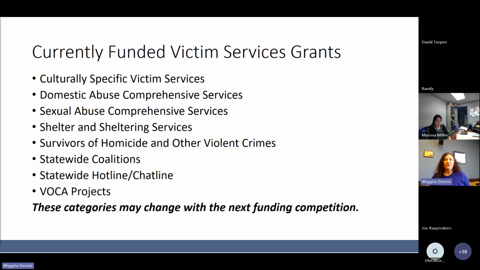Then our currently funded victim services grants. Again, one long RFP, and then it's broken down with all these different application types. Culturally specific programs are grants that are by and for. That means these are organizations that are run by a culturally specific person or culture for that particular culture.